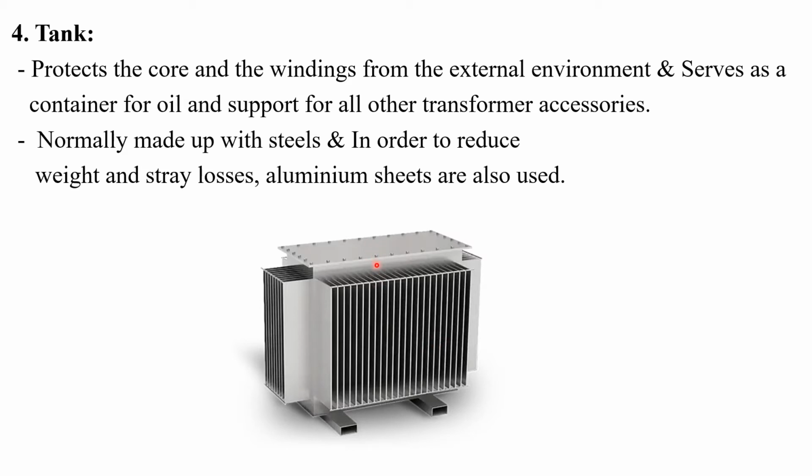It also provides necessary support to all the other equipment required for the transformer. Normally the tank is also made of steel. If we want to reduce the weight and stray losses, sometimes aluminium can also be used as the transformer tank.